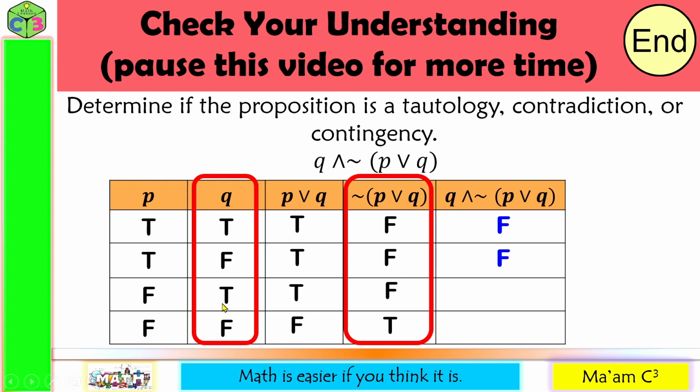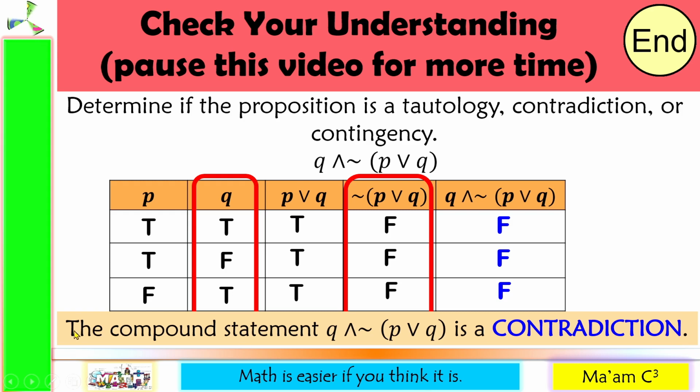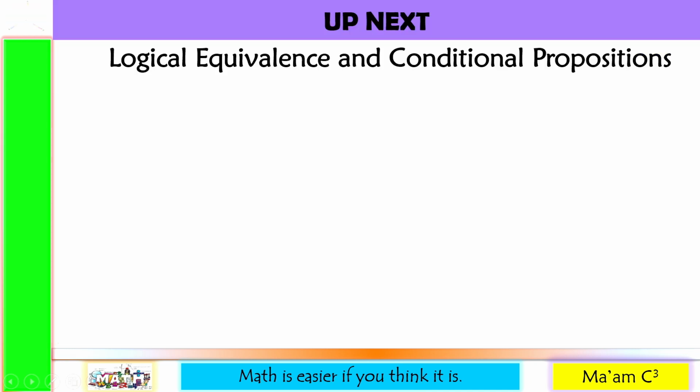I have only one true, so this is false. Only one true, so this is false. Notice our answers are all false. Therefore, we call this a contradiction. So the compound statement Q and not P or Q is a contradiction. Got it? Our next lesson is logical equivalence and conditional propositions.